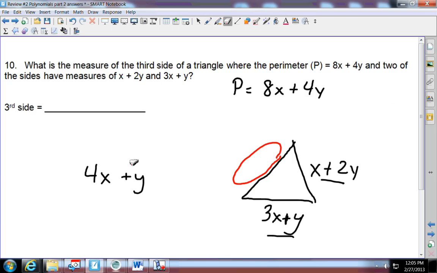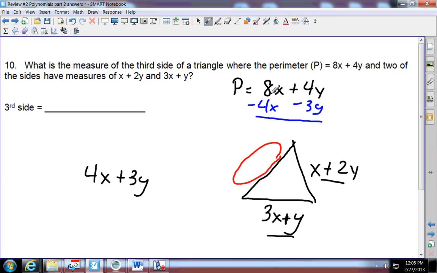I just wrote it down wrong. This is two of the sides. So now, to find the other one, we'll subtract off the 4x and the 3y.